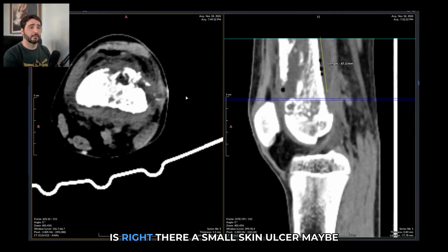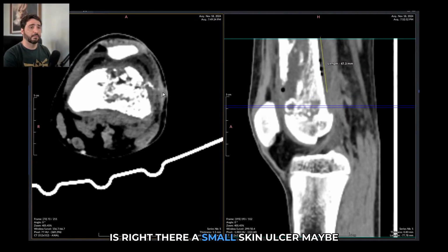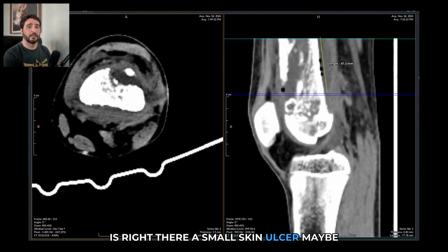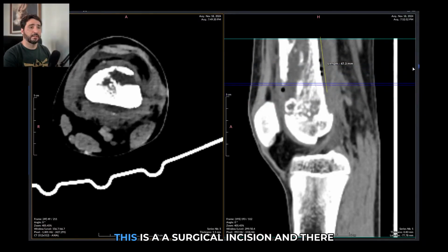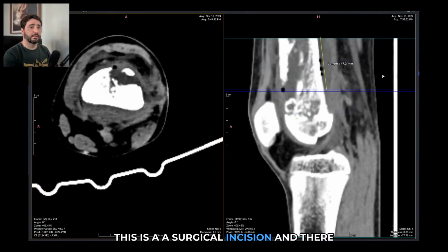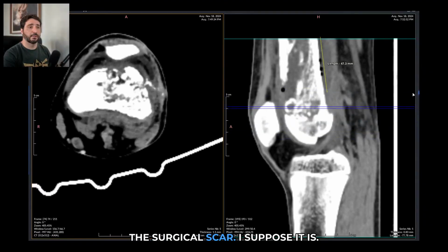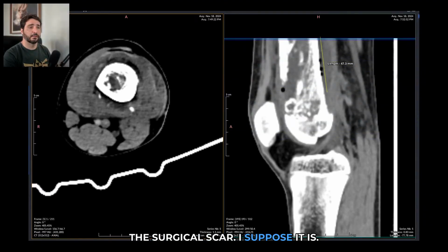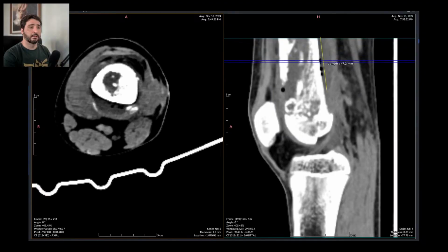It is right there. A small skin ulcer. Maybe this is a surgical incision, and there is drainage of the collection of fluid through the soft tissue all the way to the surgical scar. I suppose it is.